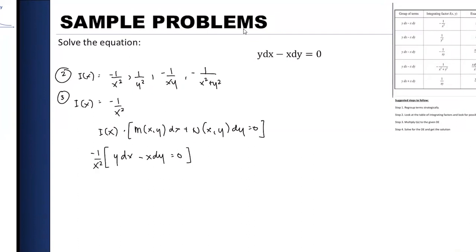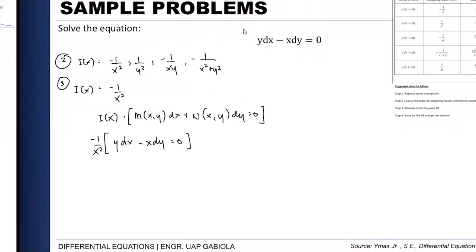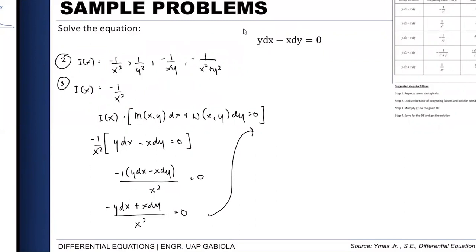So, once we do that, we have now the numerator y dx minus x dy over x squared is equals to 0. Distribute the negative 1, we have negative y dx plus x dy over x squared is equals to 0. Okay, moving on. Rearrange the term. We have x dy minus y dx over x squared is equals to 0.